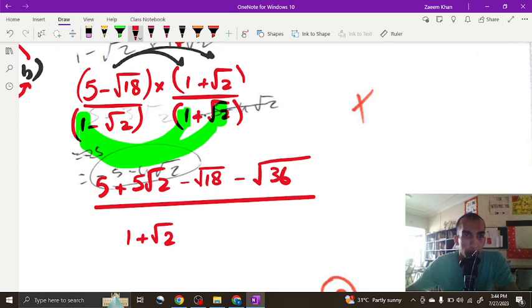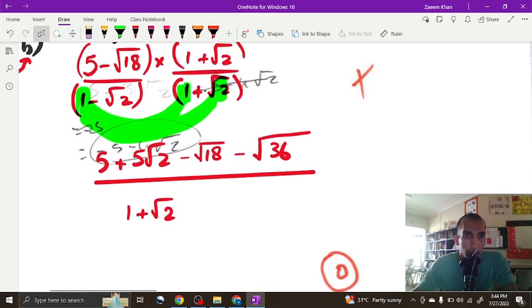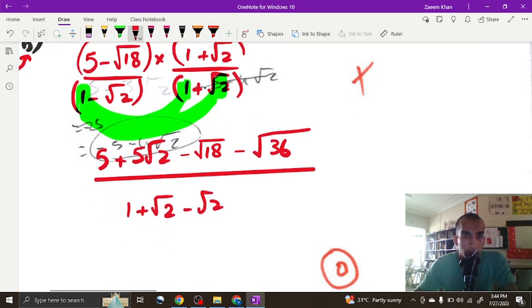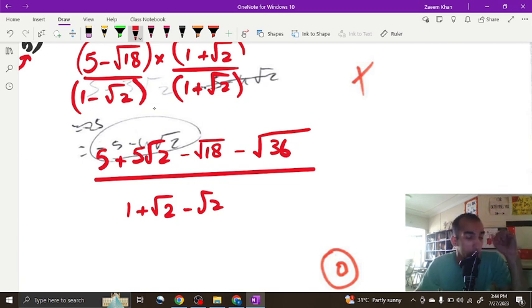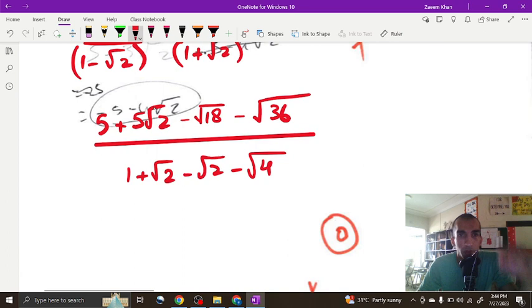And then just minus square root 2 plus square root of 4. You're almost there, except for the minus. What sign did you say? I said plus, sorry. Minus. Minus square root of 4.